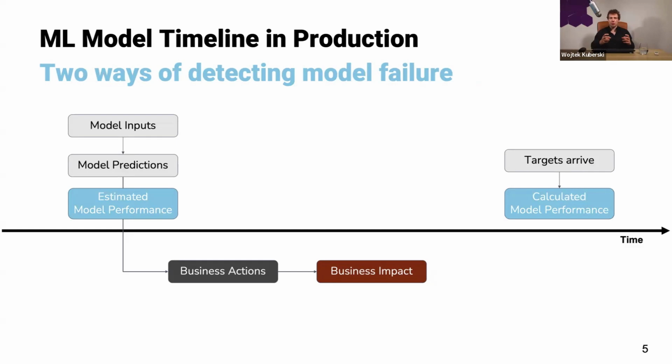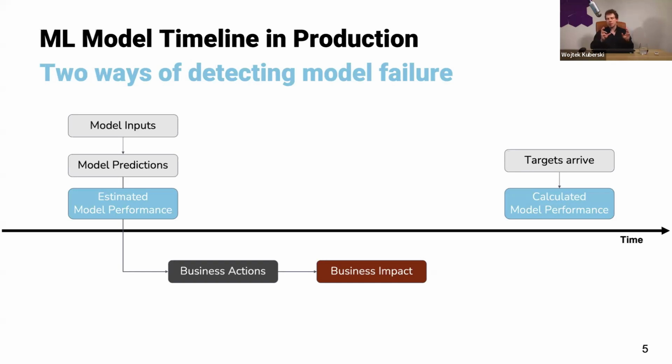So we can somehow try to estimate the model performance right as the model inputs and model predictions arrive. And then the second one is we can calculate model performance, the actual realized true performance of the model after we get the targets. But if we want to catch failure before it severely affects the business, and before we actually lose money, we need to do it before the targets arrive.